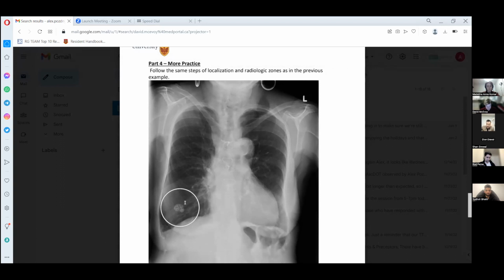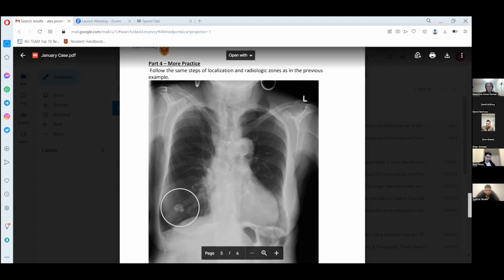It's hyperdense. It has a little bit of lucencies within it, and has a bit of those lobulations. You can see the smaller circular components, I would say. And we see it projecting over the right lower lung zone, but once again, we don't know for sure if it is in the lung.